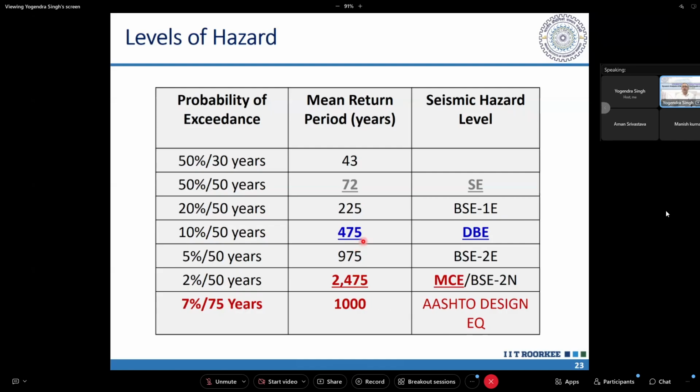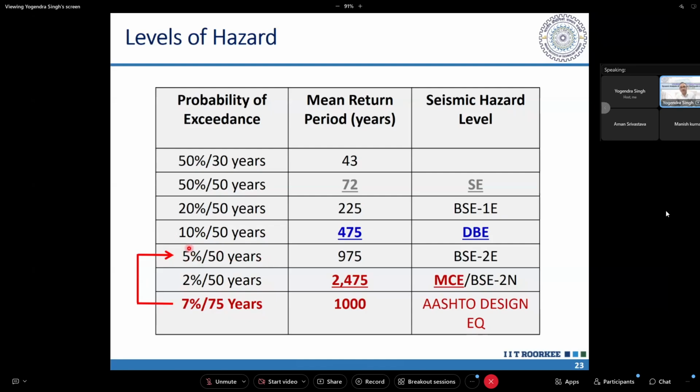So they are not using DBE, the 475 years return period which is used in our code. They are using 1,000 years return period. And if you compare this into 50 years, because here bridge life is considered as 75 years, building life is considered as 50 years, so if it converts into equivalent, then the 7% in 75 years is same as roughly 5% in 50 years.